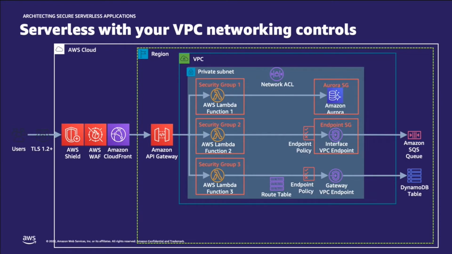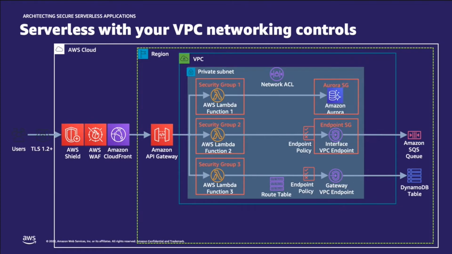Lambda function outbound traffic is managed by security groups, and resources need to allow incoming traffic from Lambda security groups. And just a few things on top of that, as I just mentioned, the VPC endpoint helps you enable these private connections to supported services, right?